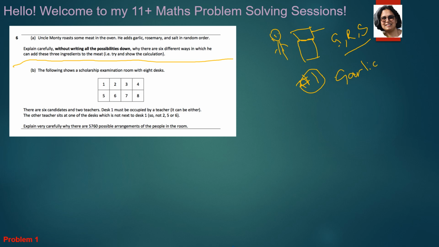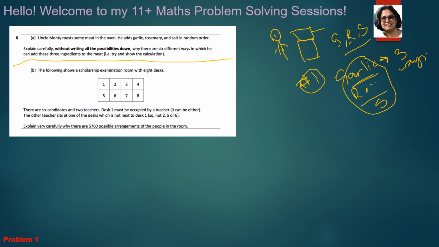So G is garlic, then rosemary, salt. Either he can pick garlic, or he can pick rosemary, or he can pick salt. Whichever he wants to pick, he can pick any one of it in 3 ways. So that is our option 1.